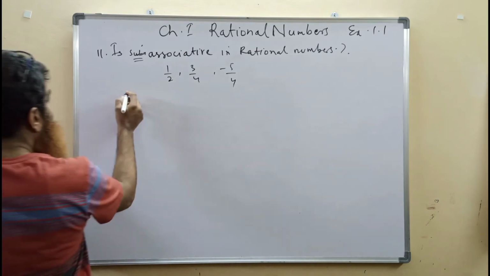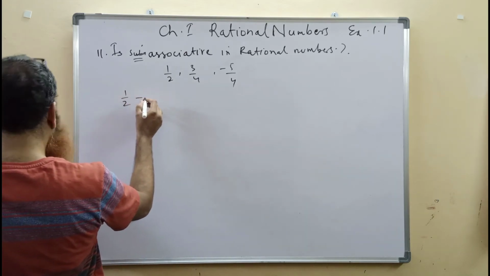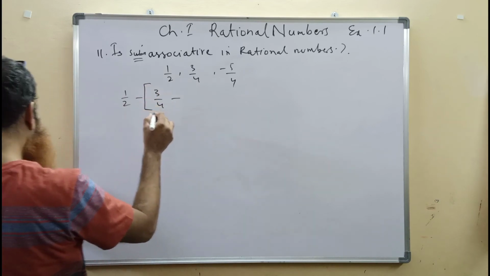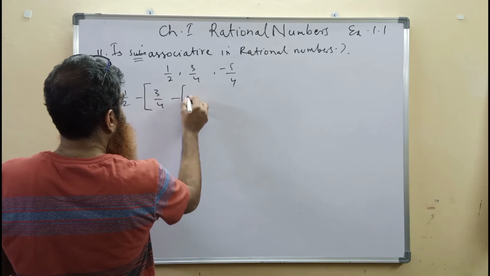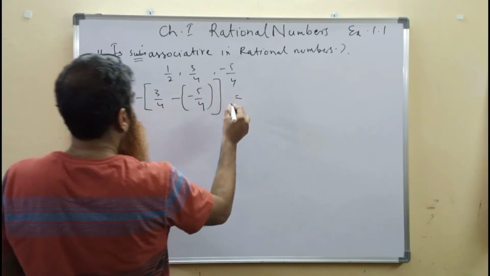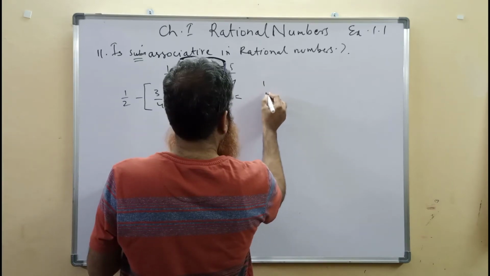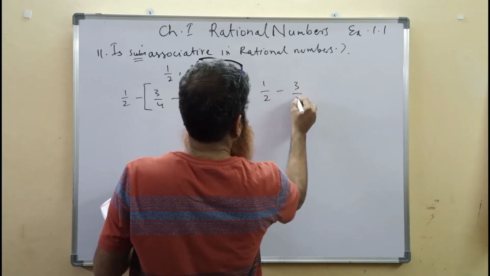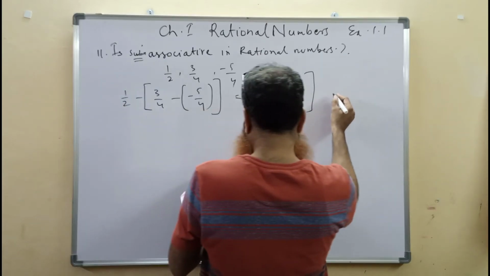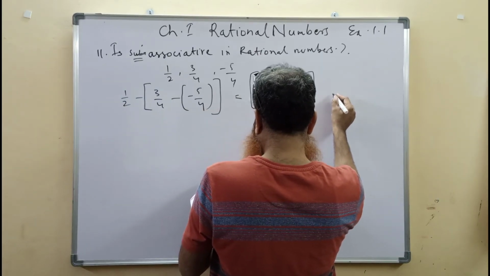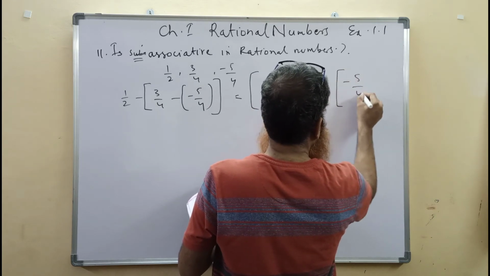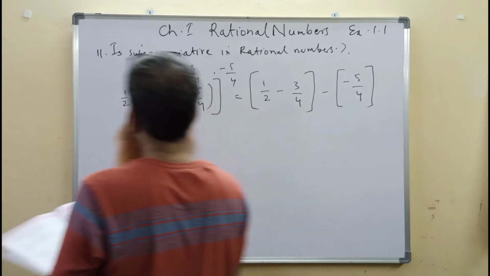We'll check whether 1 by 2 minus 3 by 4 minus 5 by 4 whole is equal to 1 by 2 minus 3 by 4 minus 5 by 4.